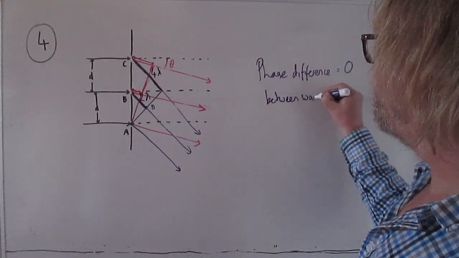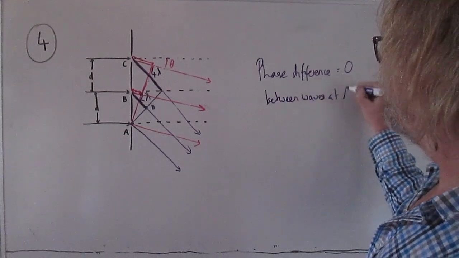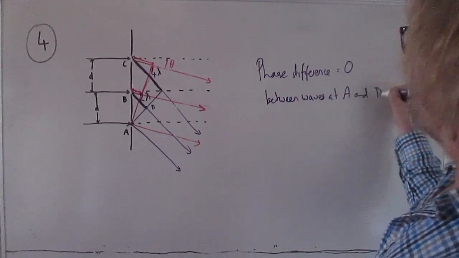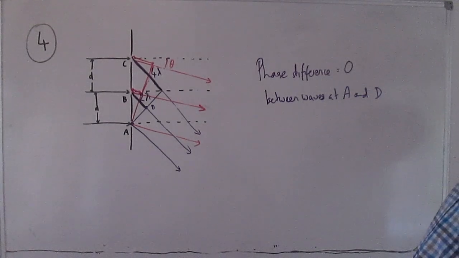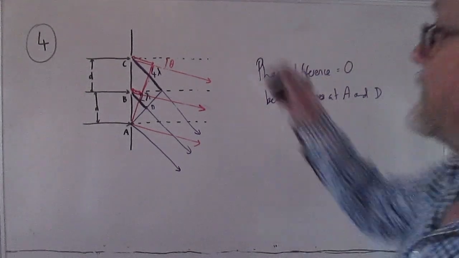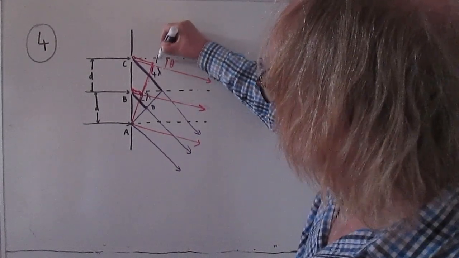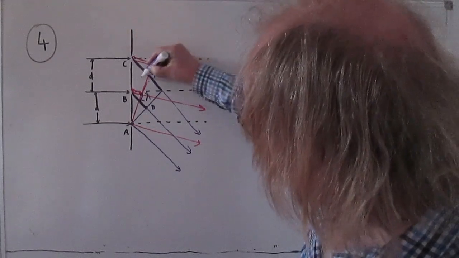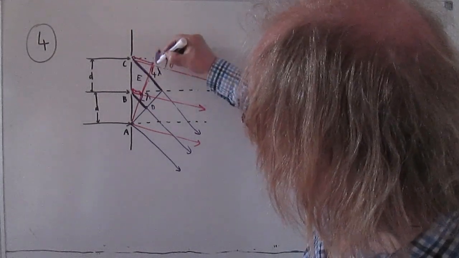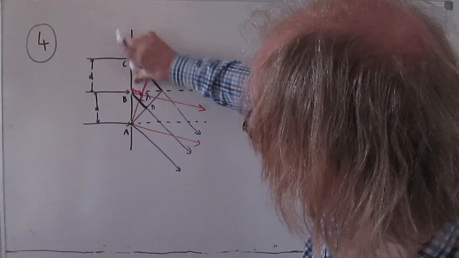Between waves at A and D. And then it wants to know what's the path length between C and E. So this is E, and as we've said, sorry, not this, but this, get the right place in a minute.